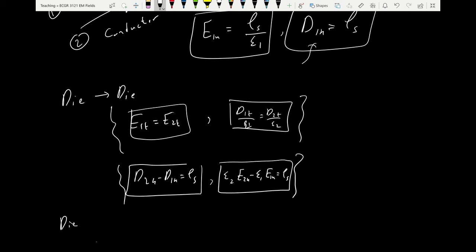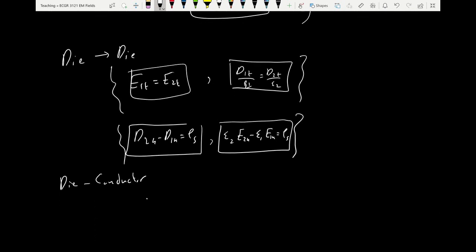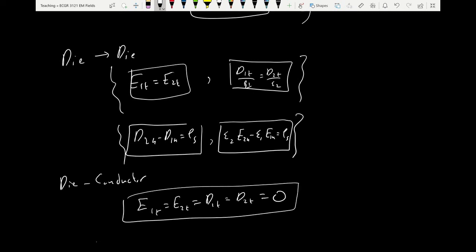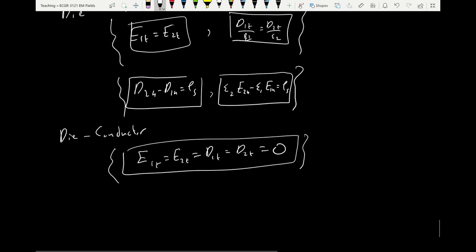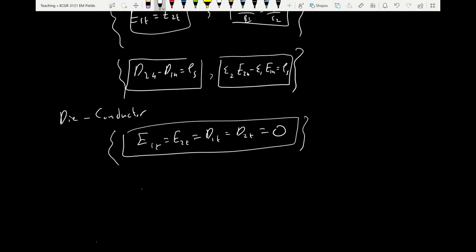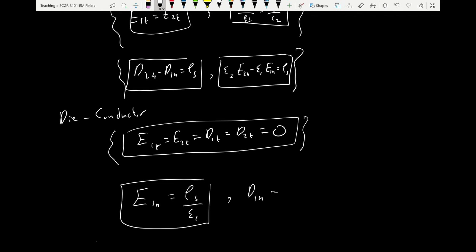And then dielectric to conductor, E1t equals E2t equals D1t equals D2t equals 0. Everything equals 0 in the tangential domain. And then in the normal domain, E1n equals rho s over epsilon 1, and D1n equals rho s.